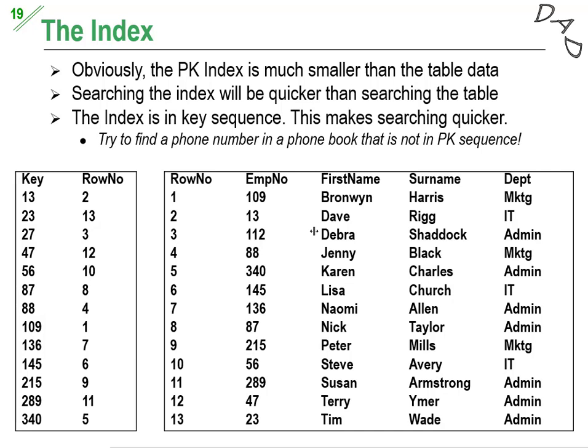So that means if you try to search something, the searching of the index file is much quicker than searching of your original file. And the other advantage is the index file always maintains according to the sequence of the key, or sequence of the primary key. So this makes searching quicker.